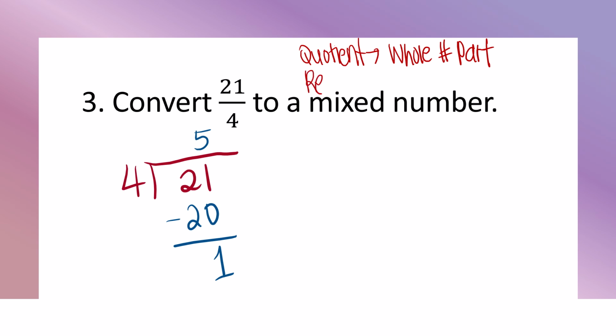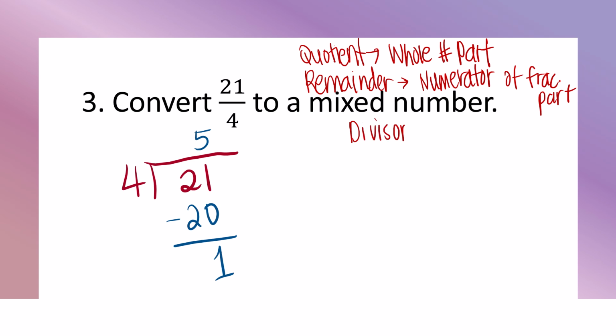The remainder becomes the numerator of the fraction part. And then my divisor becomes my denominator. So that becomes my denominator of the fraction part. Okay, so putting that all together, that's going to be 5 1/4.